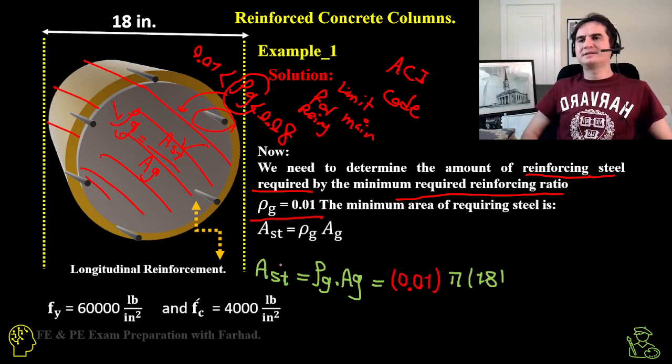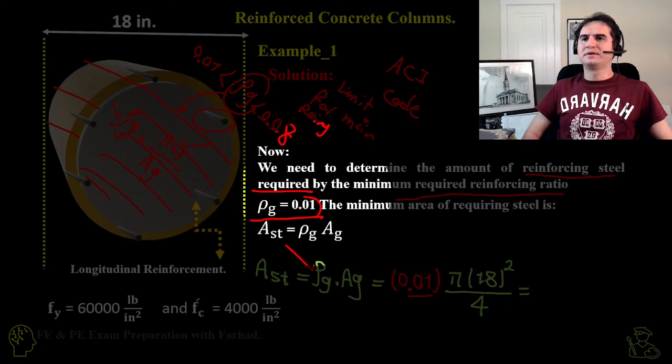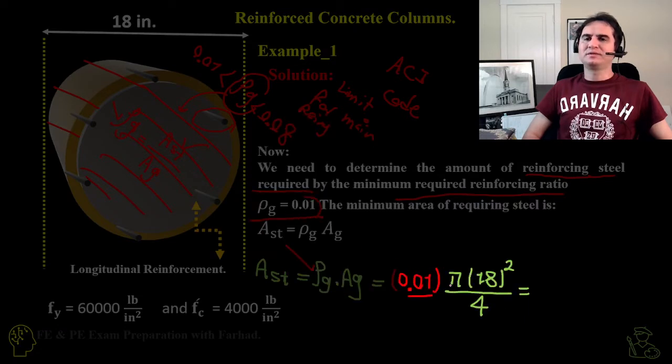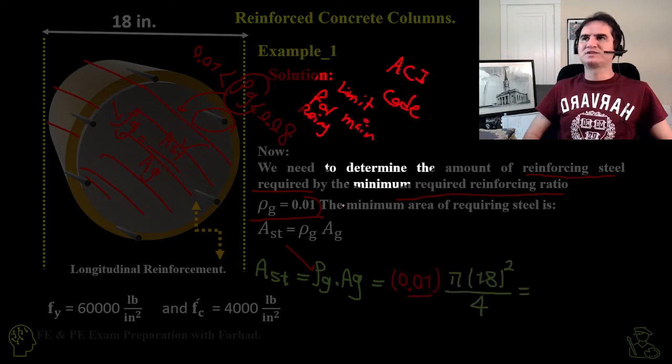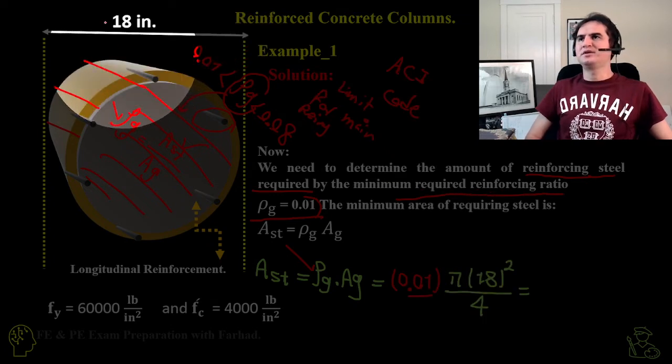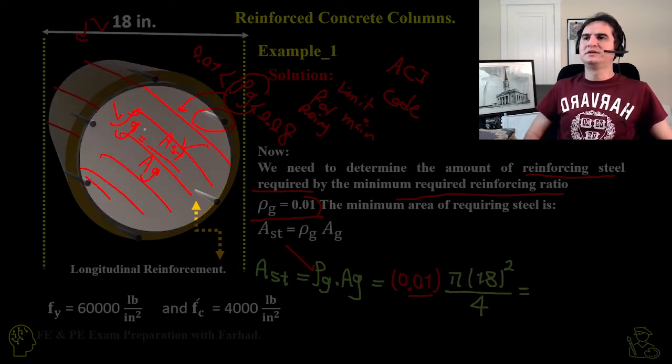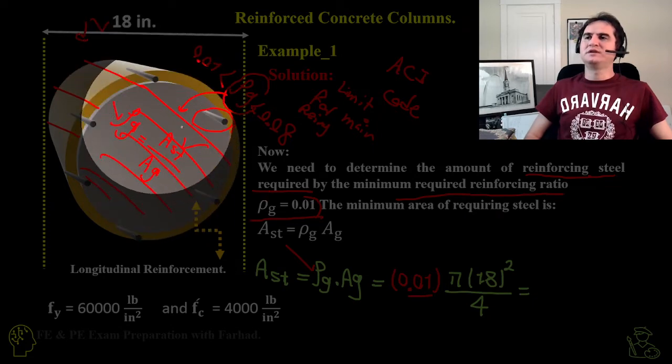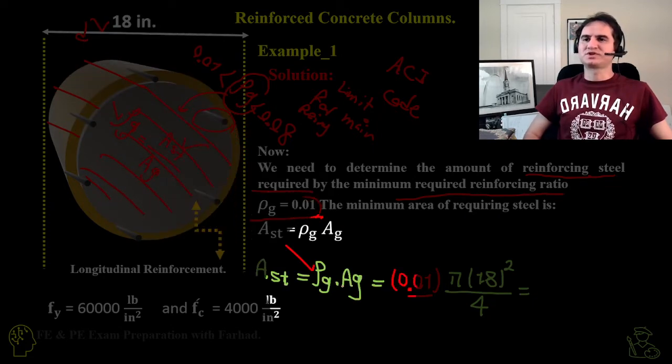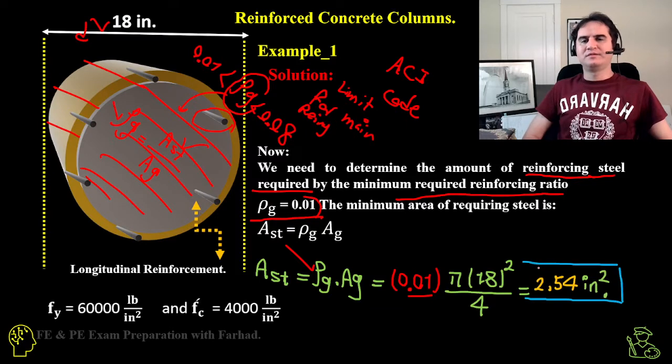Knowing that, A steel is rho g, which is provided by the code, multiplied by a quarter of pi times d squared, which is the area of the entire gross section. And if you do the math, it gives you almost 2.5 inches squared.